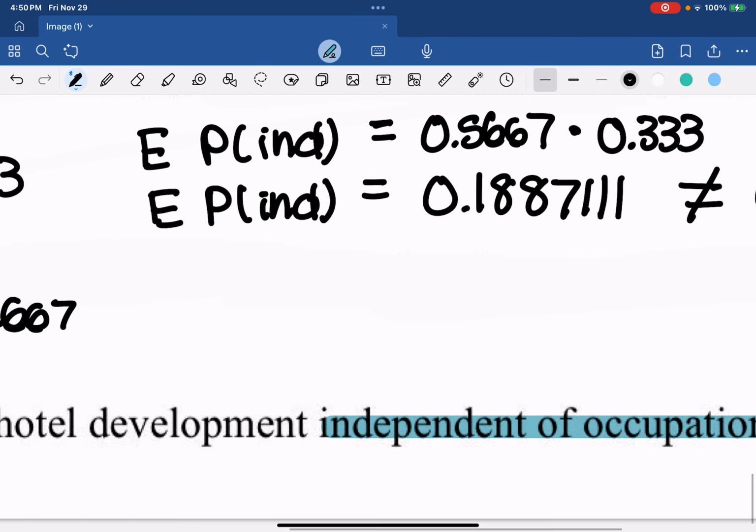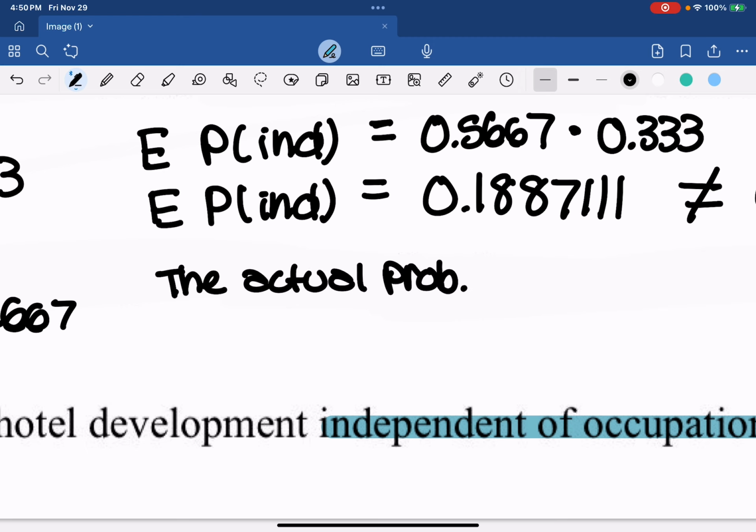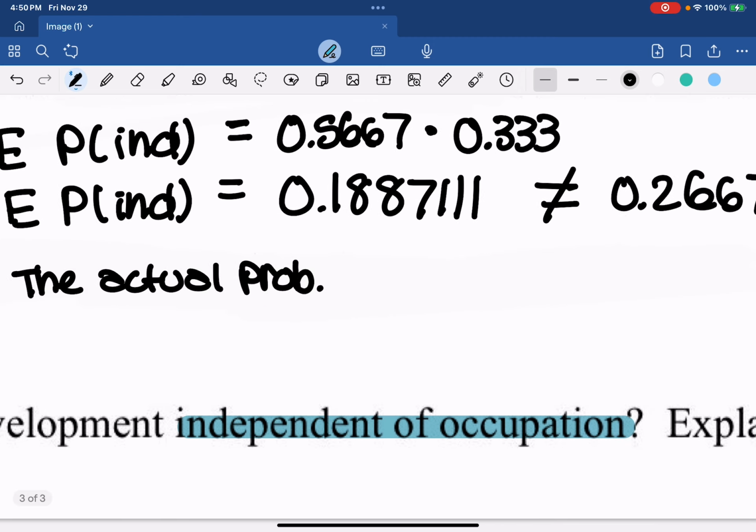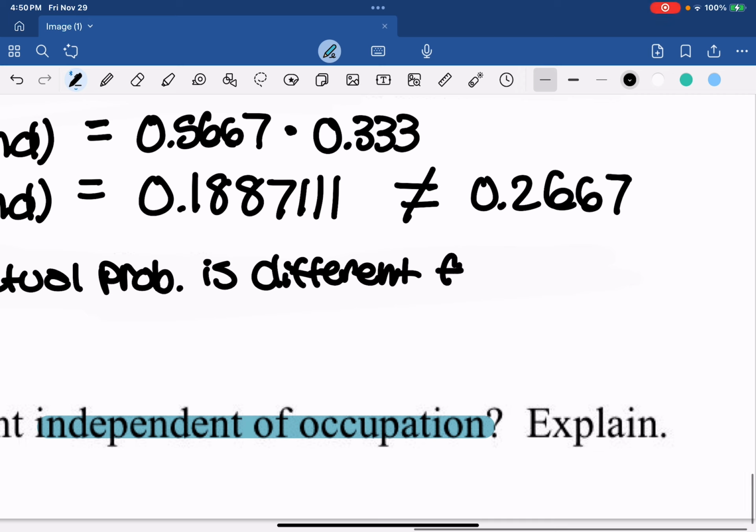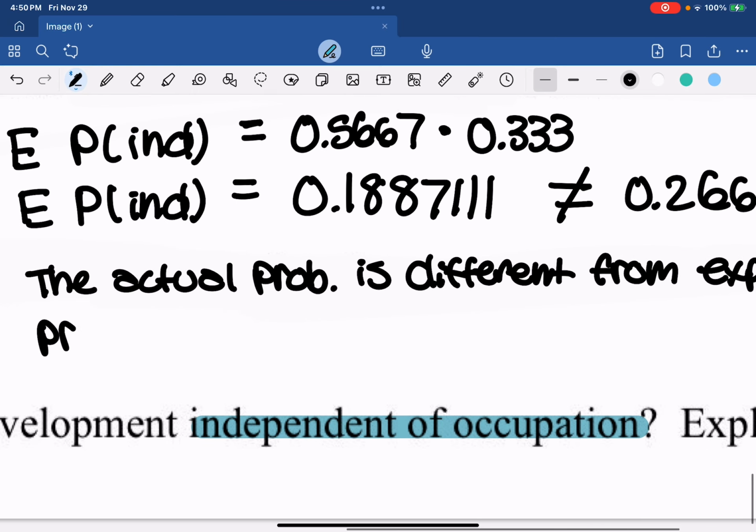If those two aren't equal, then they're not independent. So our explanation is, I'm going to document, just write: actual prob is different from expected prob under independence.